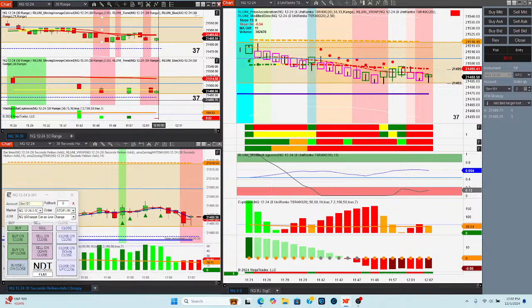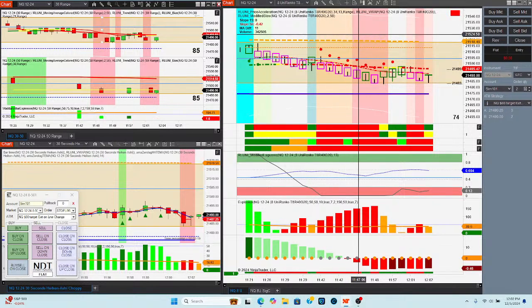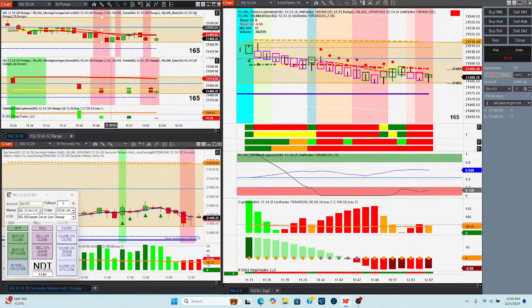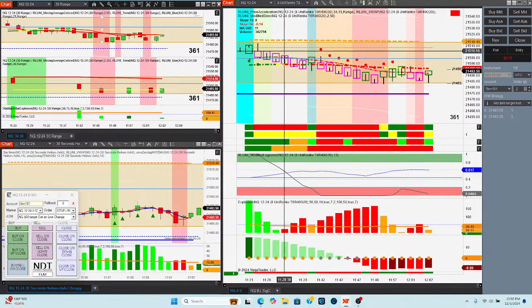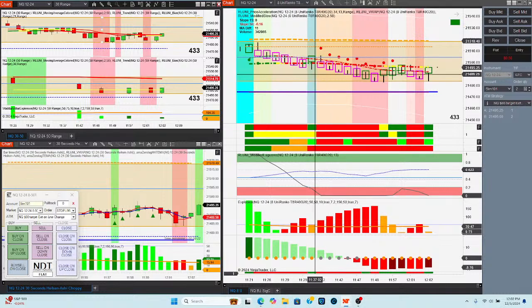Okay, so to get a good understanding of how bias works, which is a higher time frame and one of the elements that we like to trade with the money flow tracker: when price goes below a red moving average and the trend line, like this area right here, you'll get a pink bias. When it goes flat like this, you'll get no bias or you'll get this color bias.